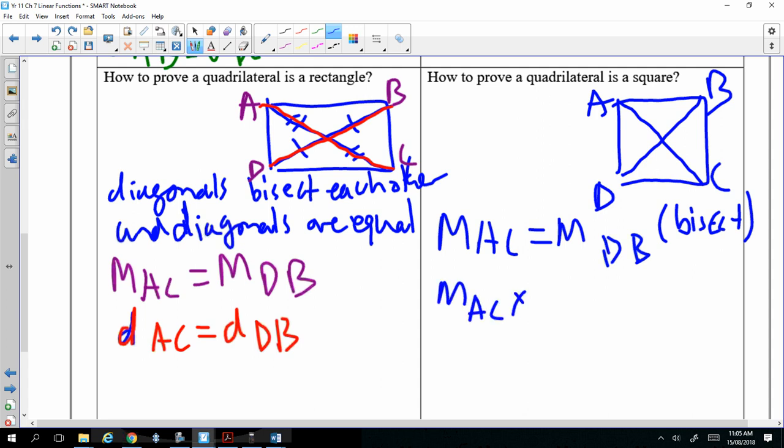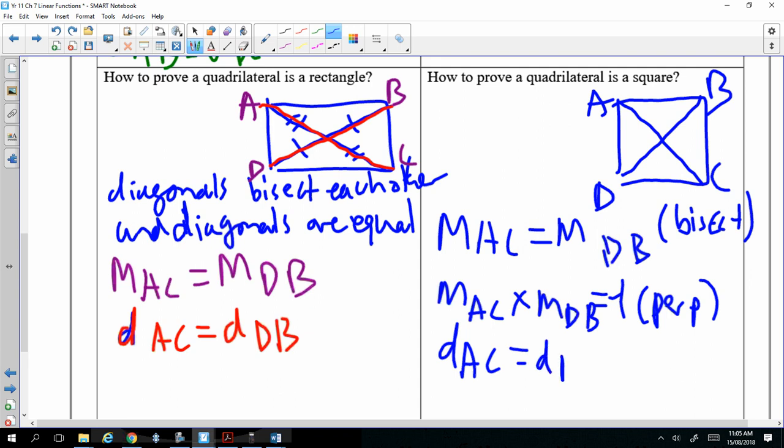And then you have to prove that distance AC equals distance DB. So that's the easiest way. Now we've got all of these tests for all special quadrilaterals.